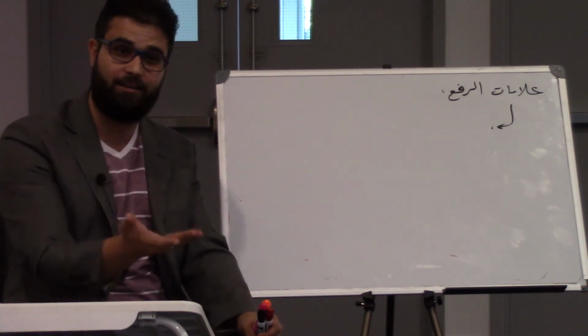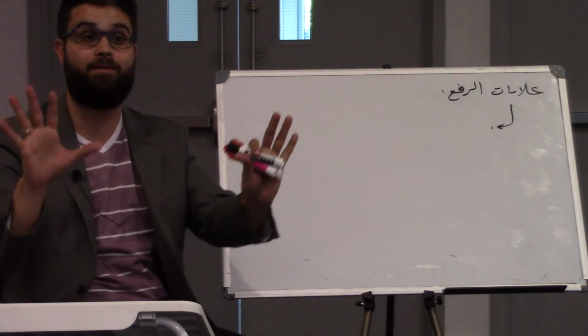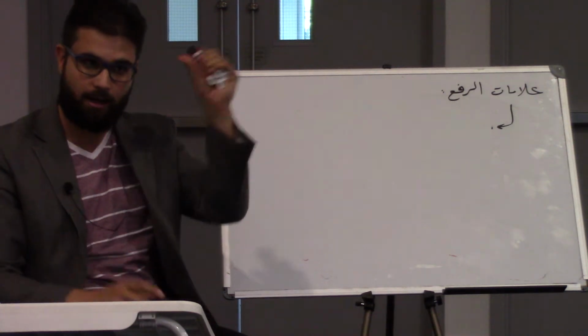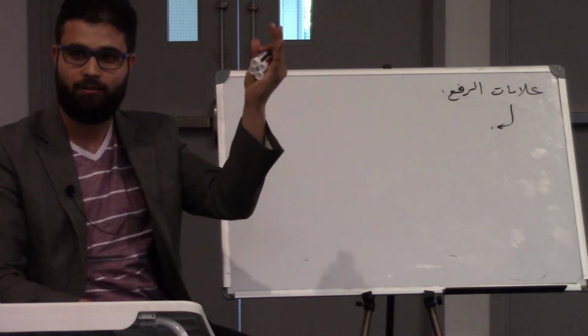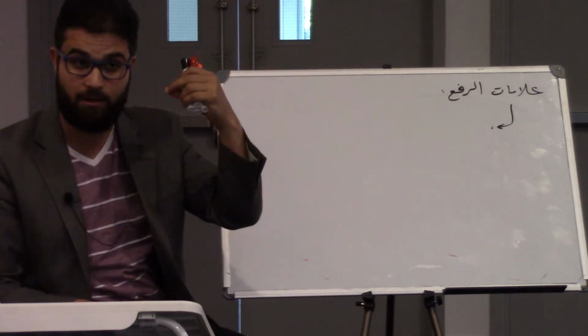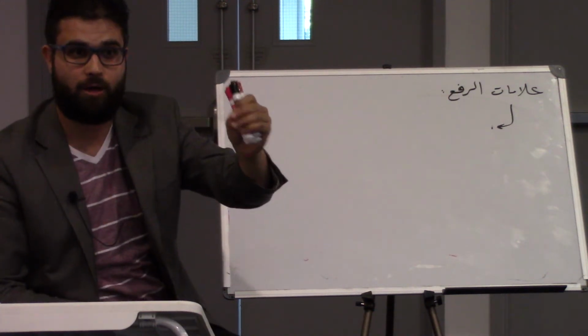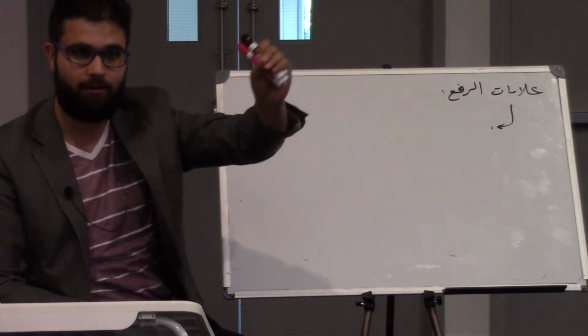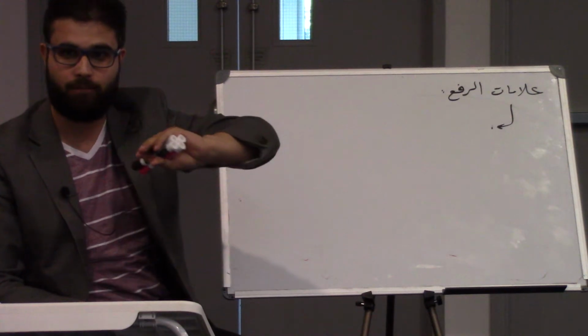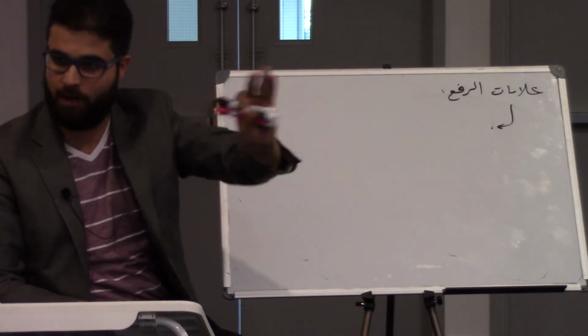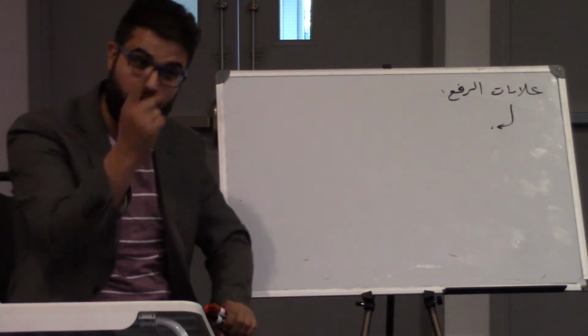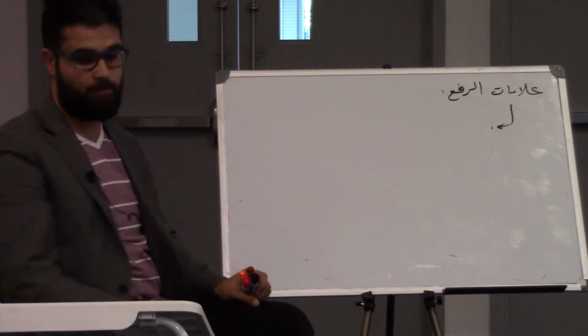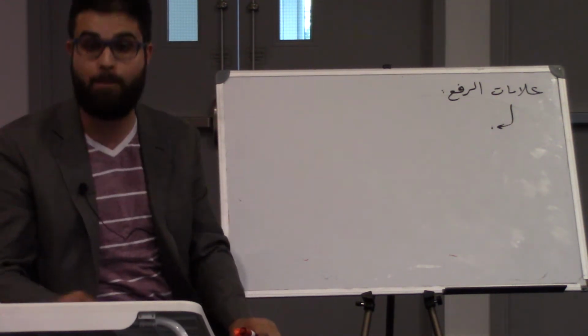And then the second category would be al-asma' al-khams, the exceptional five nouns: ab, akh, ham, dhu, fu, right? And they have to be connected to something, so there has to be something after. Abu Fulan, Abu Ahmed, or Abuhu, or Abuha, Abuka, something like that, in order for the waw to be the marker of rafa'.